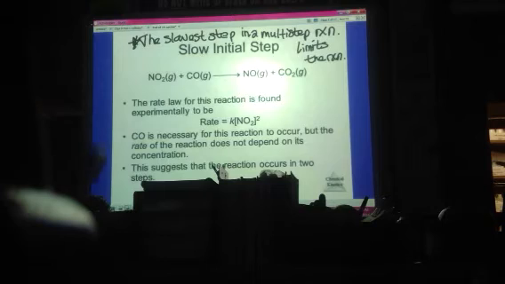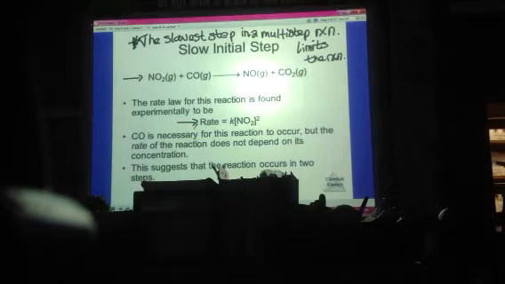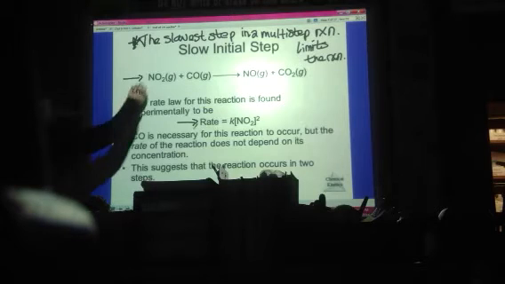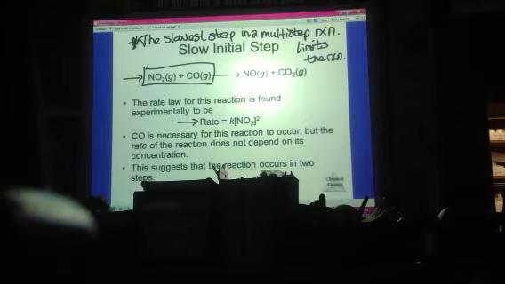Okay, let's look at this reaction, for example. I have nitrogen dioxide plus carbon monoxide yielding nitrogen monoxide and carbon dioxide. The rate law is experimentally found to be this. But I have 2 reactants here, nitrogen dioxide and carbon monoxide.